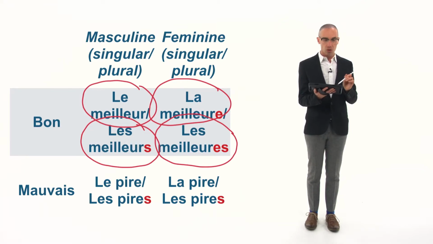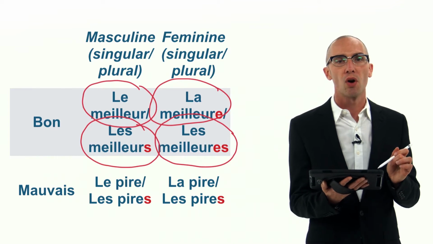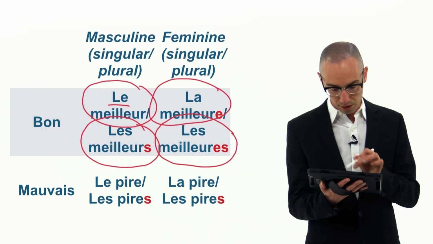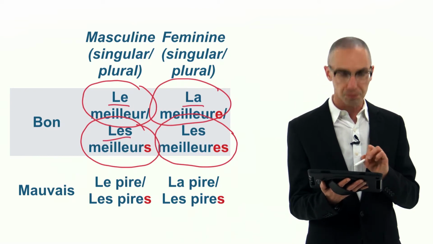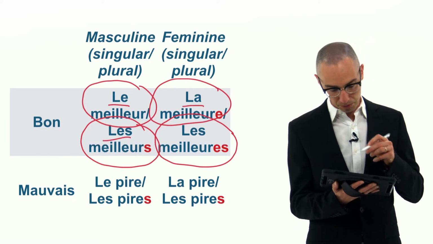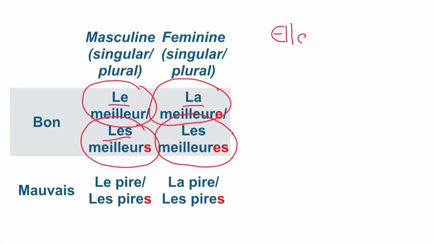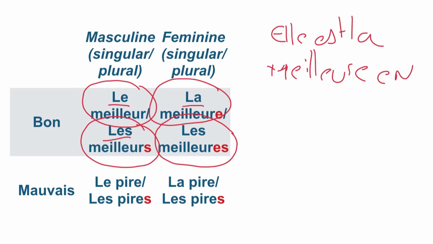And again, the gender and number of the noun that is connected to the adjective will help you decide. For example, I can say, elle est la meilleure en français.